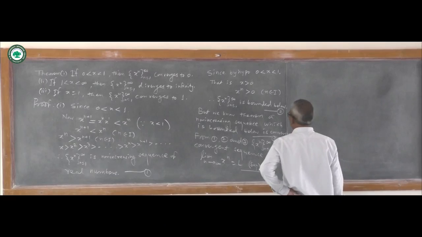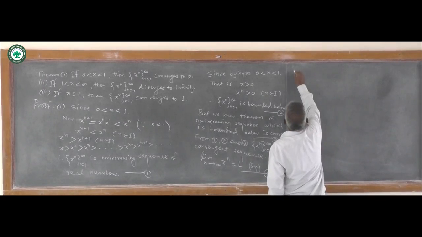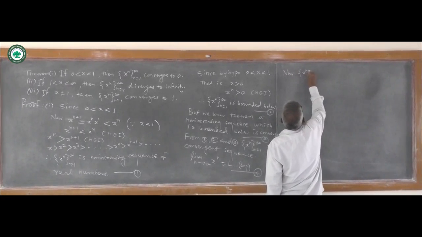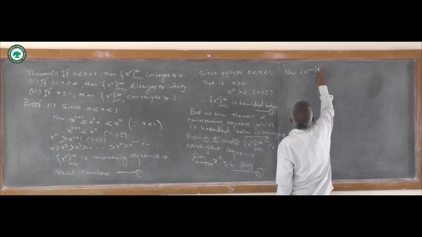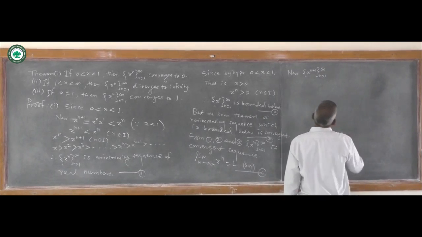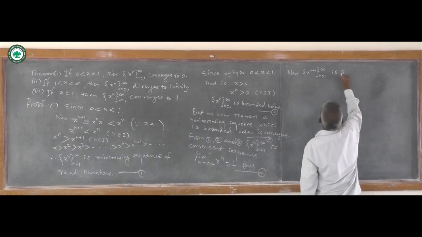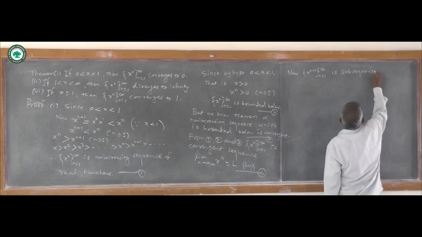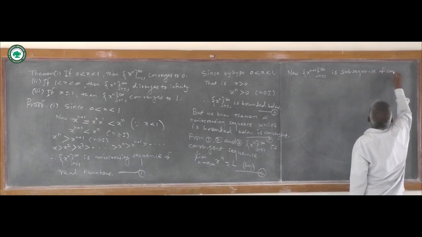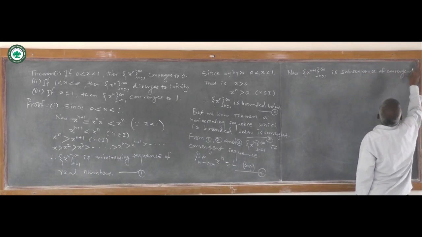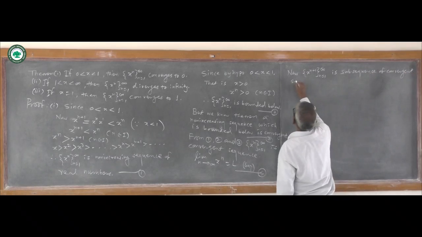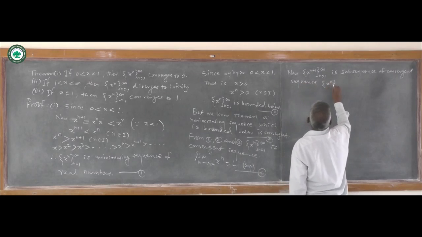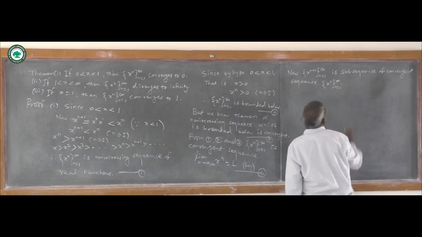Now x^(n+1), n = 1 to infinity, is a subsequence of the convergent sequence x^n, n = 1 to infinity.